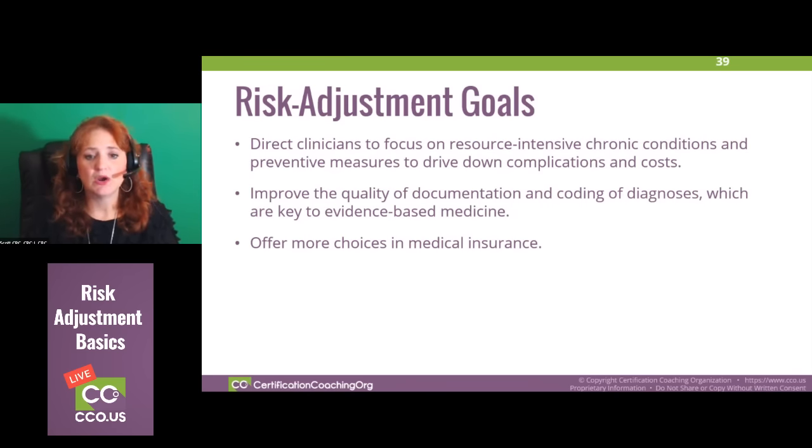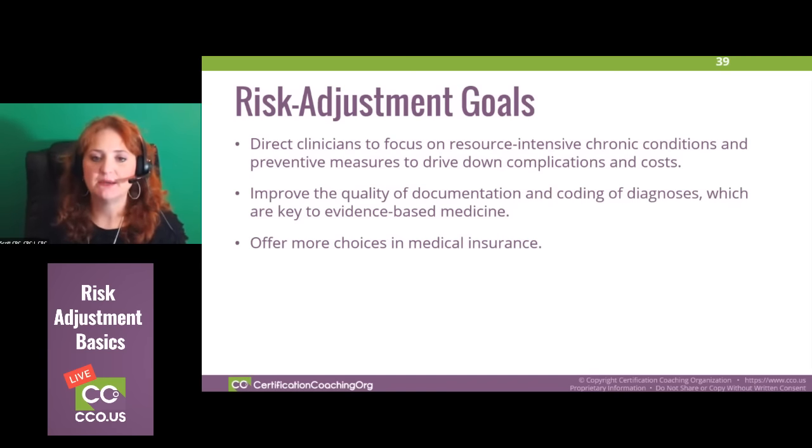What are the goals? Well, it's not only to code to the highest specificity and accurately, quality over quantity, but also you need to be able to educate. Now, you may be asked to explain why we have to do what we do, right? And so you have to learn to be able to explain that in a manner that's not offensive.